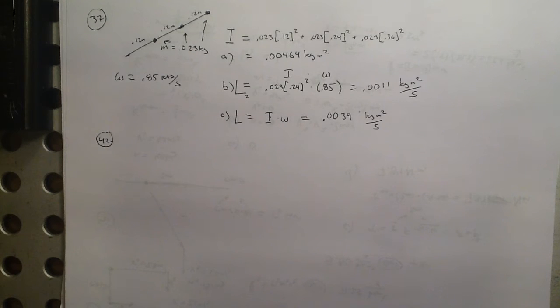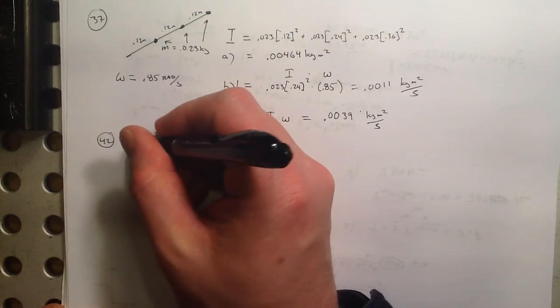I picked this one for you to do because I like the idea of this graph. This is a graph of torque versus time. So if you're thinking about your non-rotational analogs, this would be like a graph of force versus time. And I hope that when you see a graph of force versus time, that puts you in mind of something. The area under that graph is equal to the change in momentum, right?